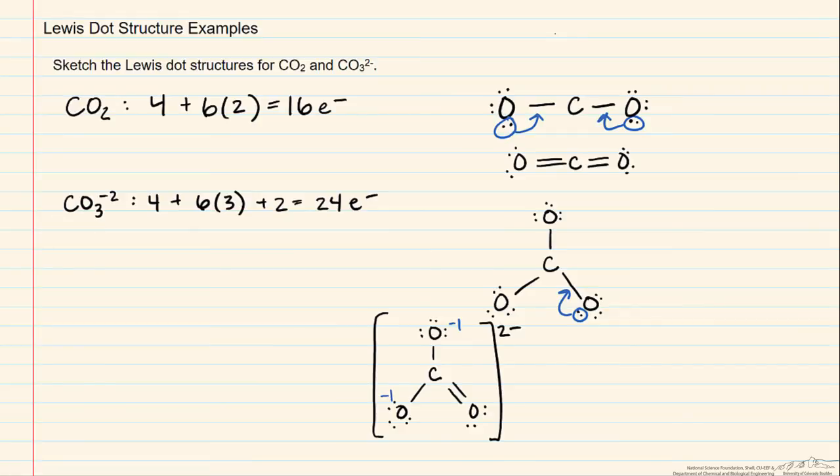That means that it has 7 electrons associated with it, whereas the valence level is normally 6. And so we say that these oxygen atoms have a formal charge of -1.